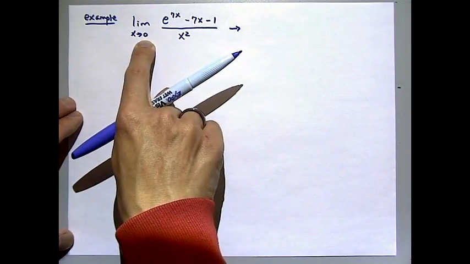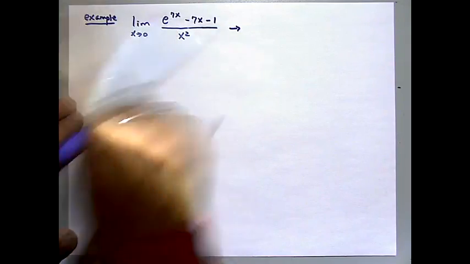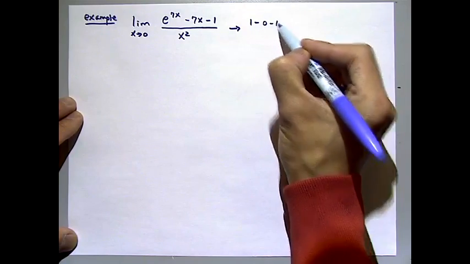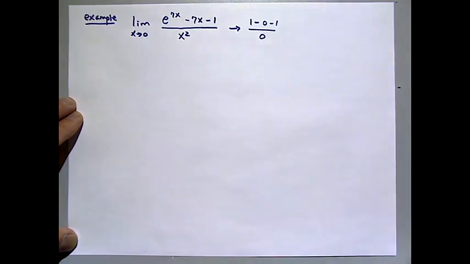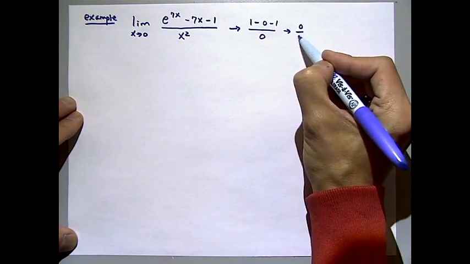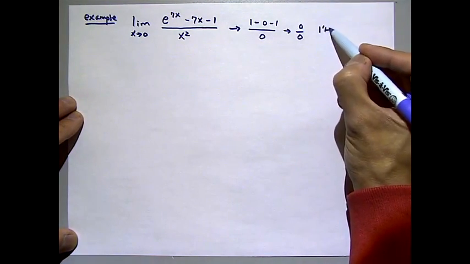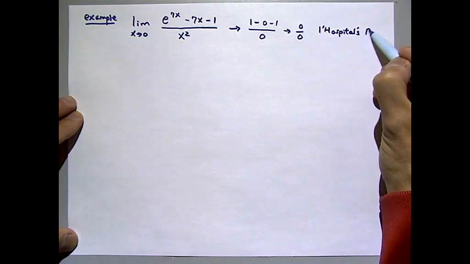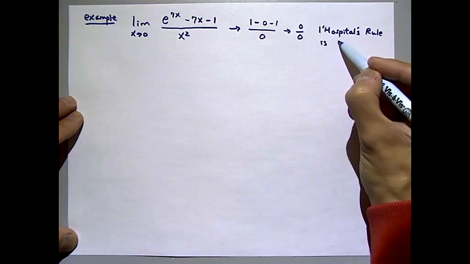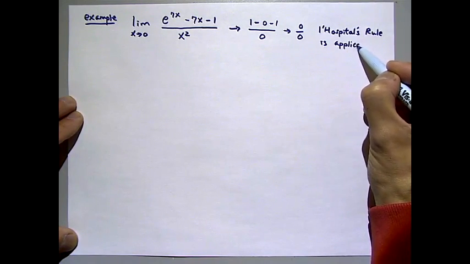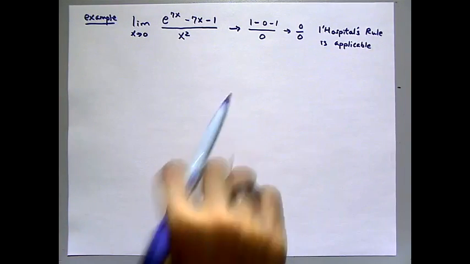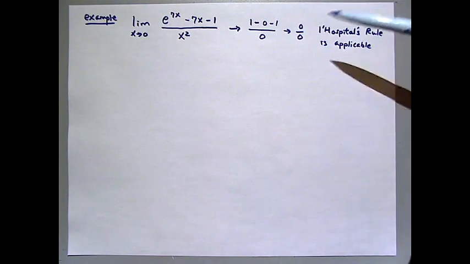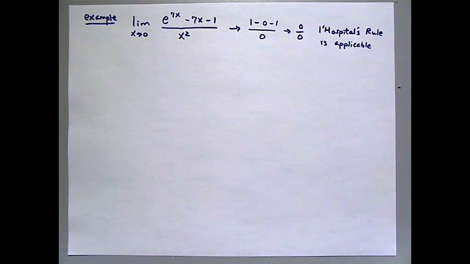If I let x be 0, this is e to the 0, that's a 1. That's obviously a 0 minus 1 over 0. So this goes to 0 over 0. That means L'Hopital's rule is okay. Is applicable. If not, and you insist on using that, you will get the wrong answer. You've got to make sure you have that or infinity over infinity.